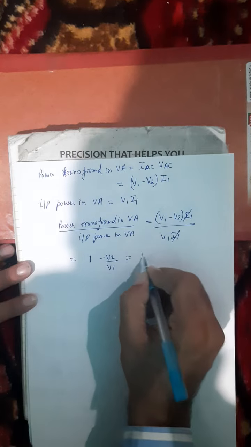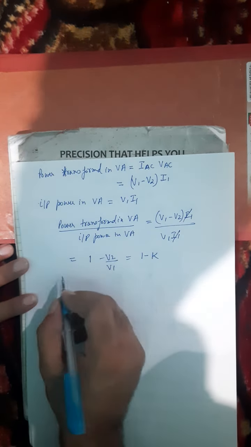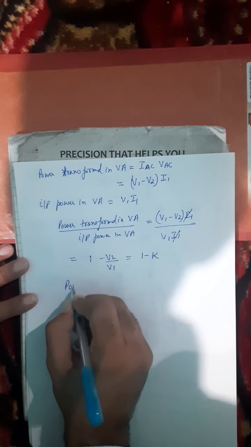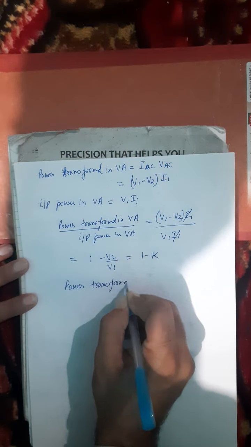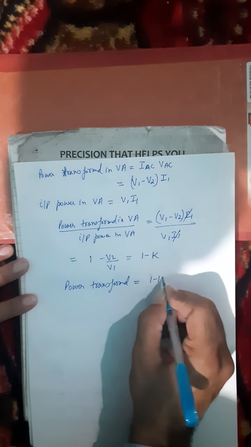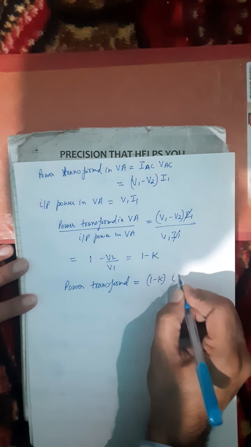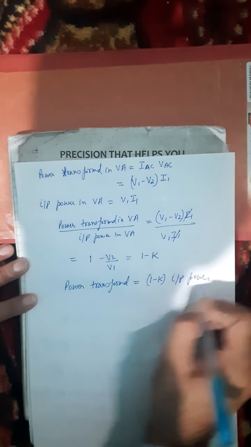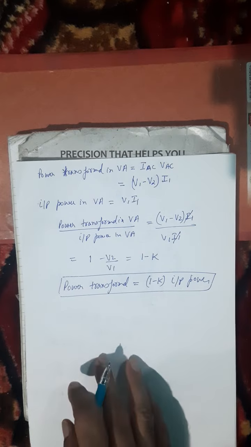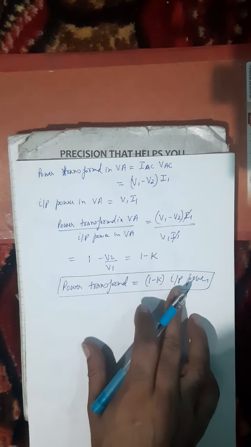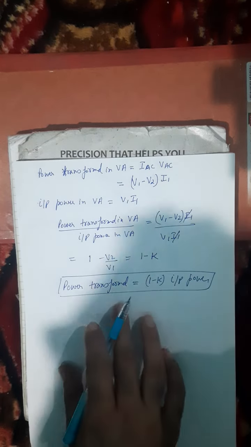So it is equal to 1 minus K, because V2 by V1 is nothing but K. So the power transformed is equal to 1 minus K times the input power. The power that is transformed via transformer action is 1 minus K times the input power.